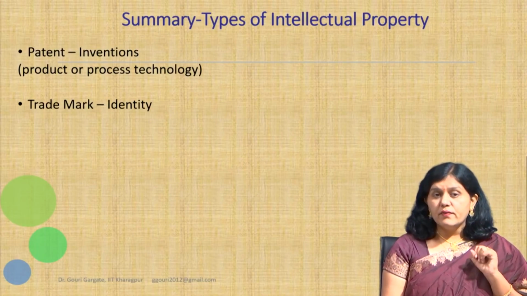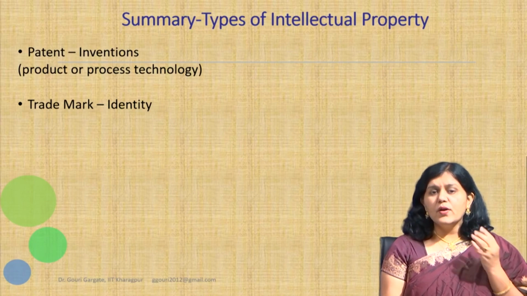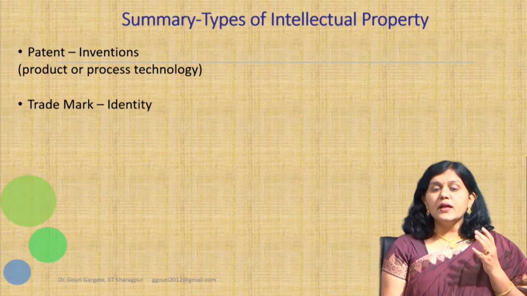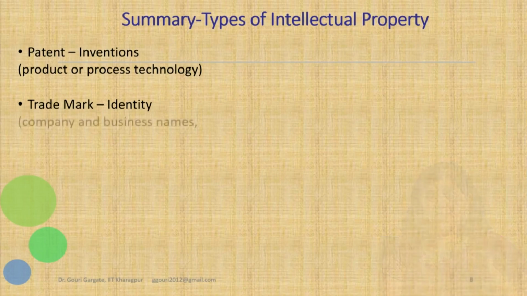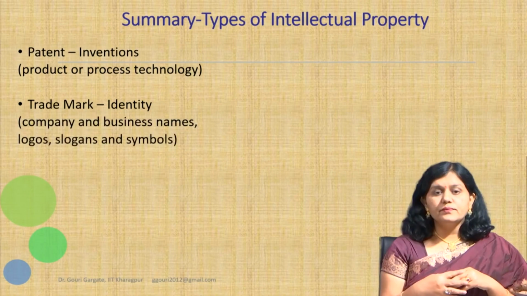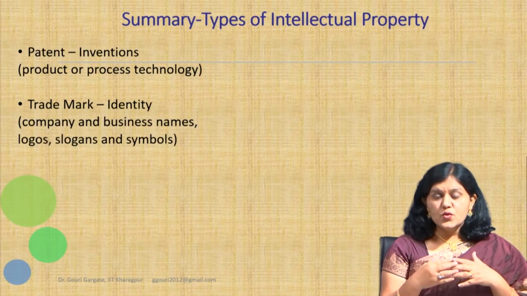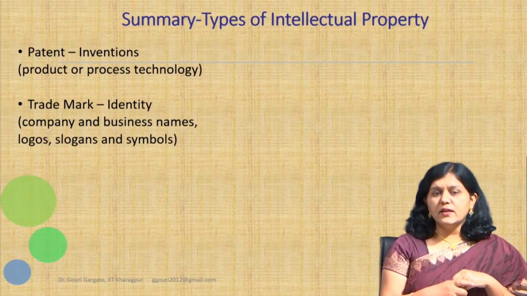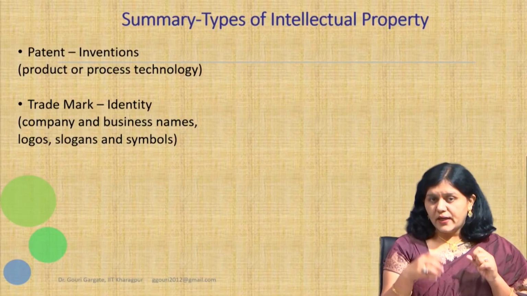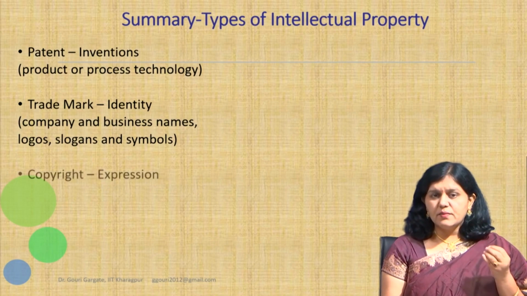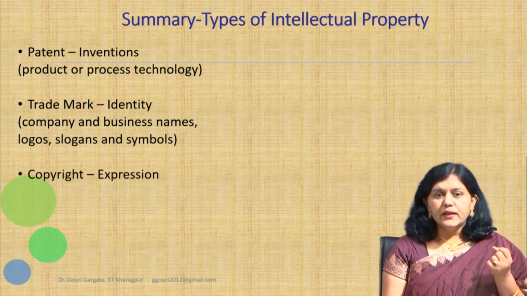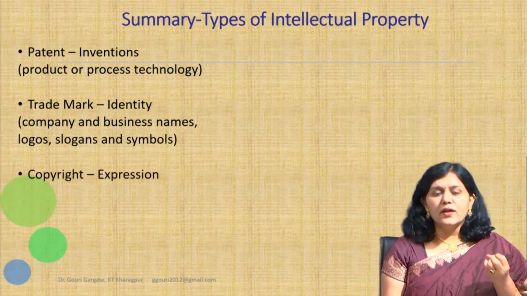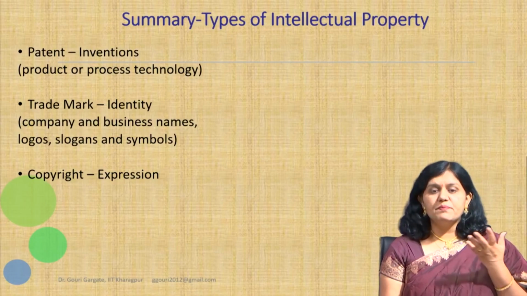Then trademark. When we talk about a trademark, what exactly does a trademark give? A trademark gives you identity. So company name, business name, logo, slogans, symbols, all these things form a trademark. So a trademark is nothing but an identity. Then when we talk about copyright, what is copyright? Copyright is an expression.